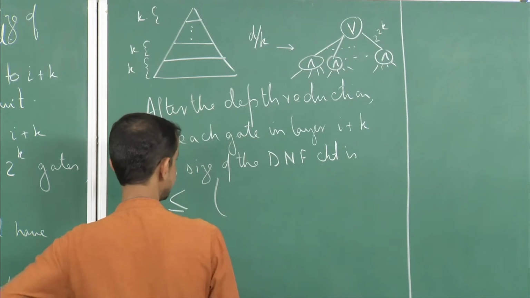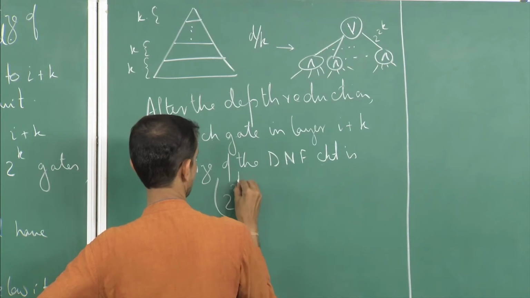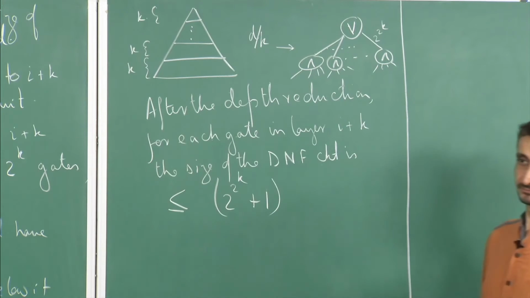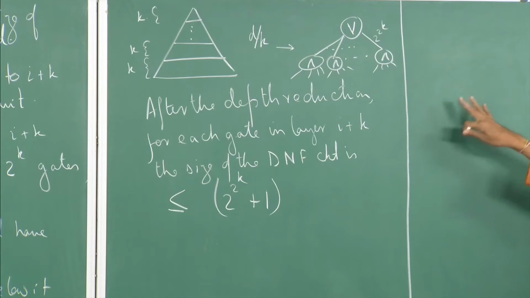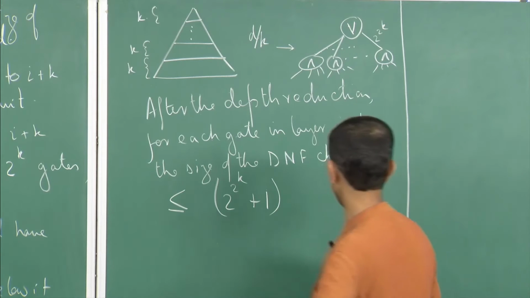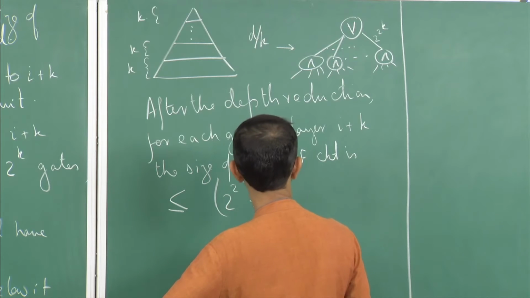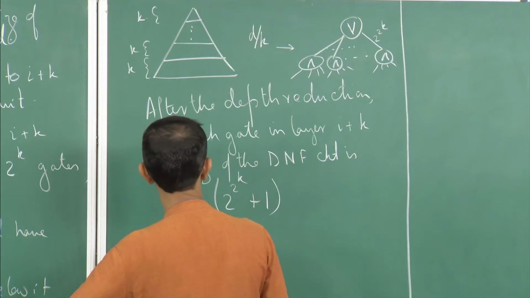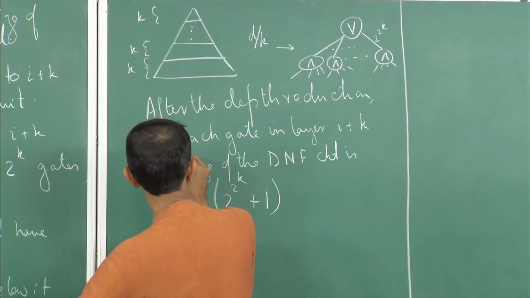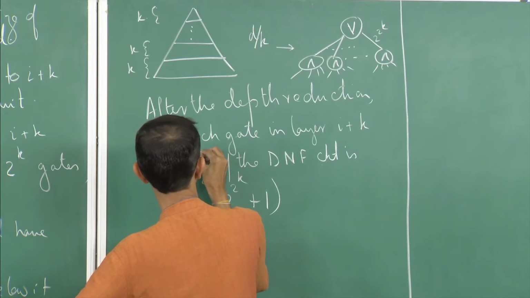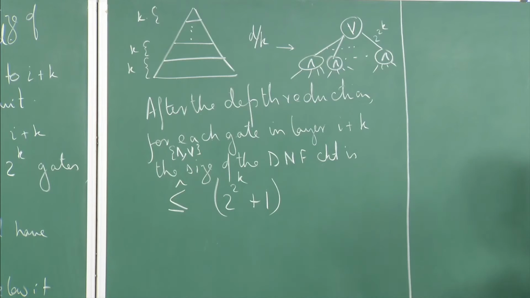So, now basically for each gate my size is 2 to the power k many AND gates plus 1 OR gate, right. And of course, I will also be having the NOT gates, but I am just counting the AND and OR gates for the time being. Just write it over here, the AND OR size of the DNF circuit is at most this much. Okay.